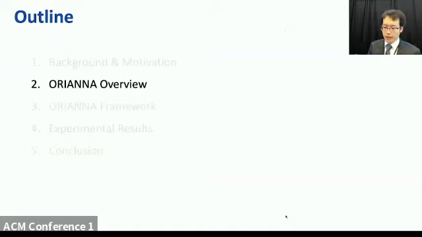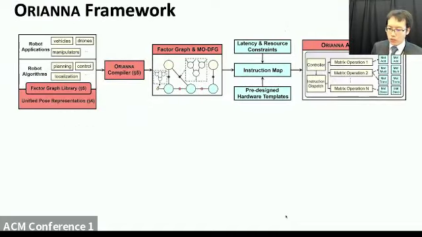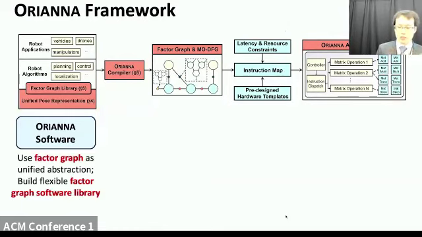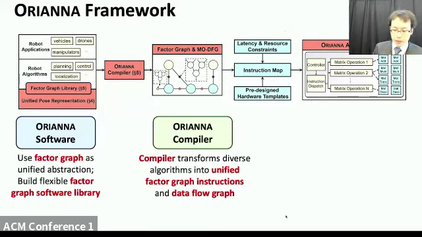And next, let's take a quick overview of this Arrvindh framework. We propose the Arrvindh framework as an accelerator generation framework. First, we have a software stack, where we use the factor graph as a unified abstraction and build a software library for that. Then we have a compiler stack, which transforms a bunch of robotic algorithms into these unified factor graph representations.